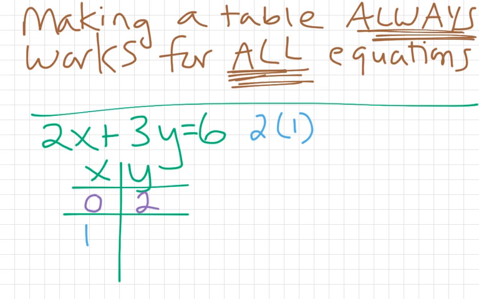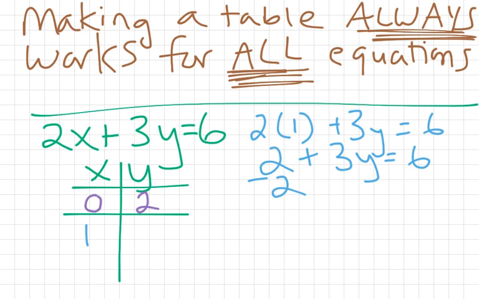So 2 times 1, plus 3y equals 6. 2 times 1 is 2. We're going to subtract 2 from both sides, so 3y equals 4. And this time I get something not so wonderful. Now I have 4/3.